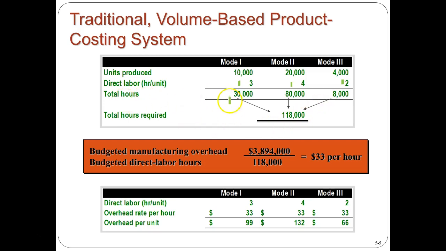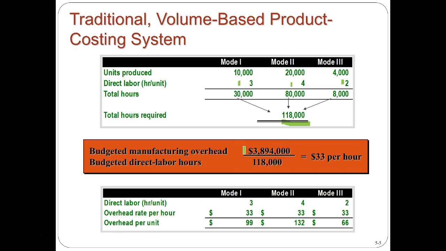And so we have total hours of 30, 80, and 8, which gives us a total of 118. So if we use that as basically our driver to see how large one activity is to the other, we would take our total budgeted overhead. And remember, that's all the stuff that we put in this pool.